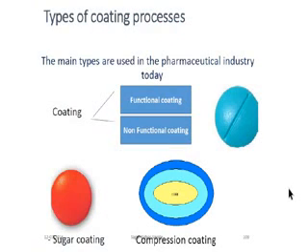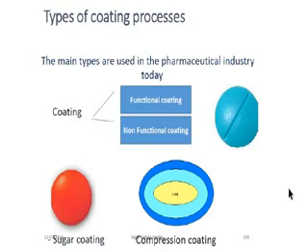Now there are two types of coating process, or two main aims behind your coating process. First is the functional coating, another one is the non-functional coating. Functional coating means when we are trying to use the advantage of some properties of that coating film.